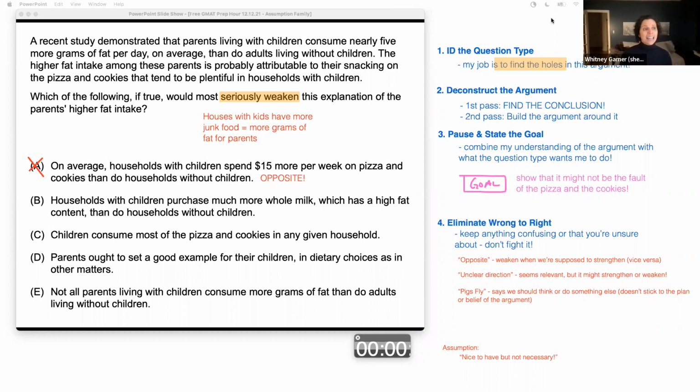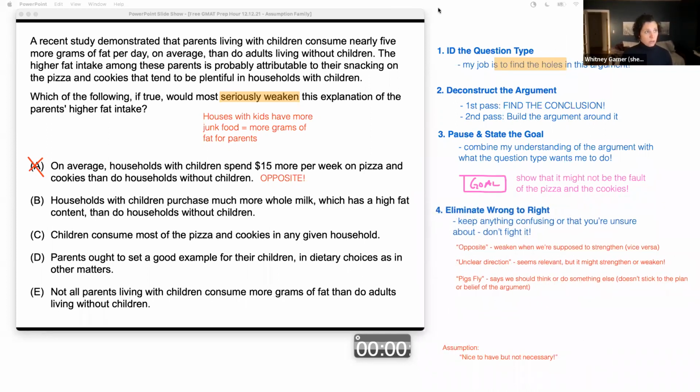So we're adding a new wrong answer type, and this applies to all of our assumption family questions, including assumption. We've got the motivation trap.